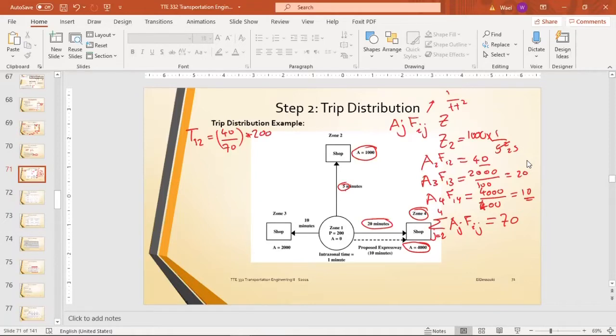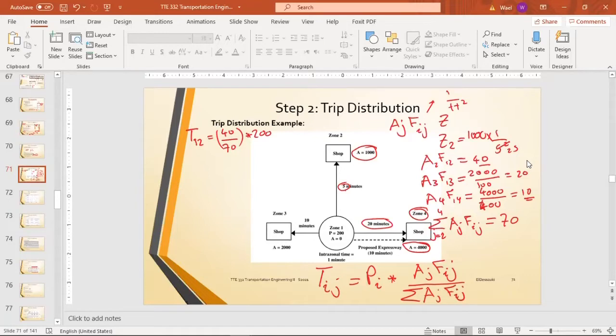What we are doing, basically, is this: trip I to J equals production of I multiplied by attraction of J multiplied by Fij, divided by the summation of AJ Fij.